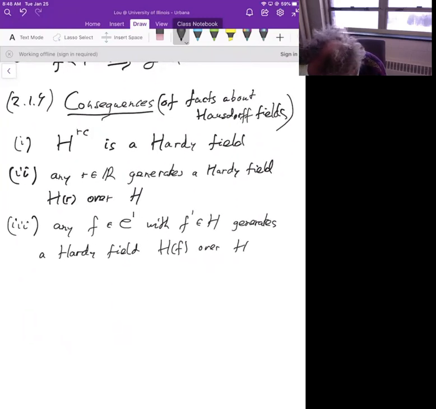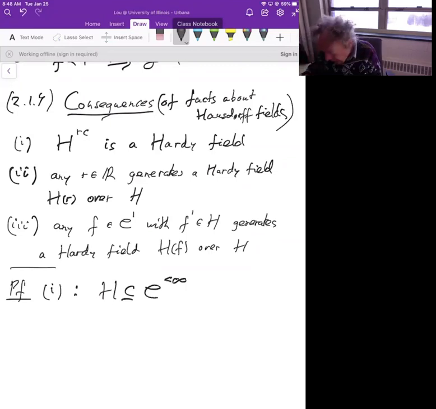And proof. For 1, first of all, every element in H is n times differentiable for every n, and then we already know from what we said about Hausdorff fields that this will be true also for the real closure.